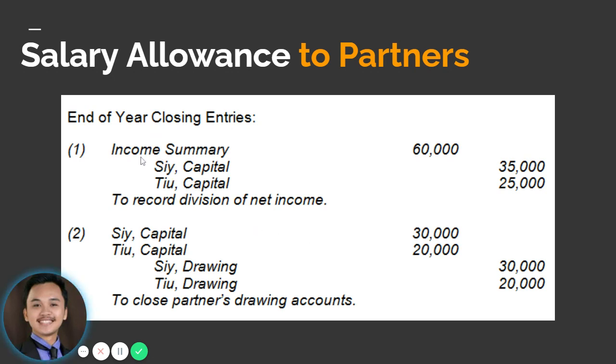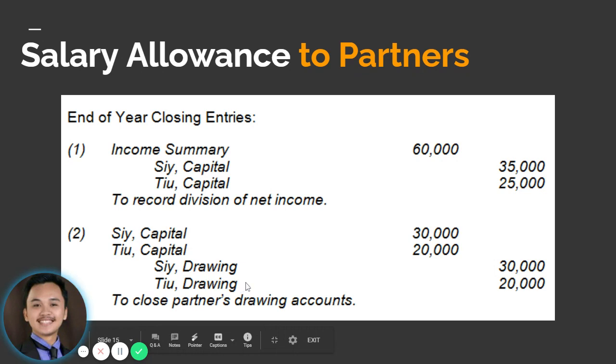So, debit to income summary of 60,000, credit to C capital of 35,000, and Chu for 25,000. This is for the total of 35,000 and 25,000 net income to be given to the partners.